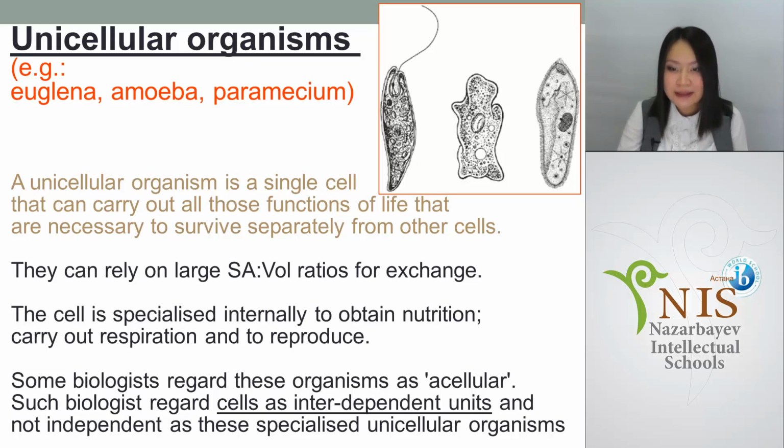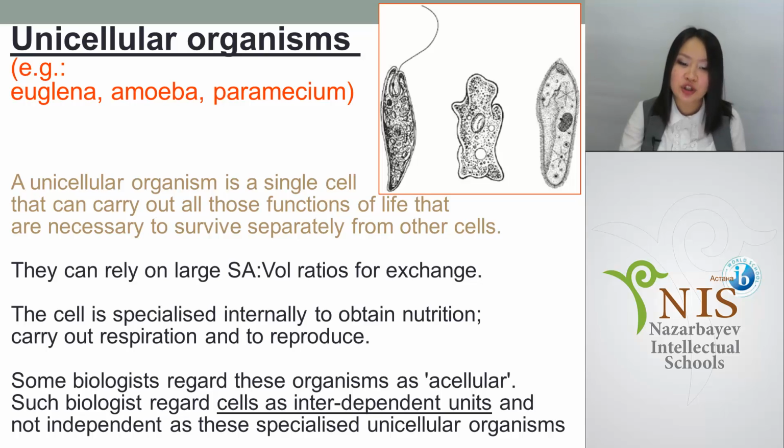If you look at a unicellular organism, it is a single cell that can carry out all those functions of life that are necessary to survive separately from other cells. They can rely on a large surface area to volume ratio for exchange.